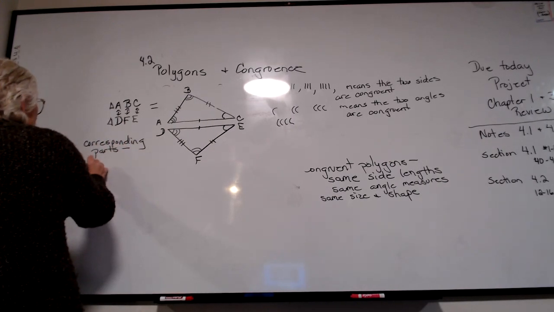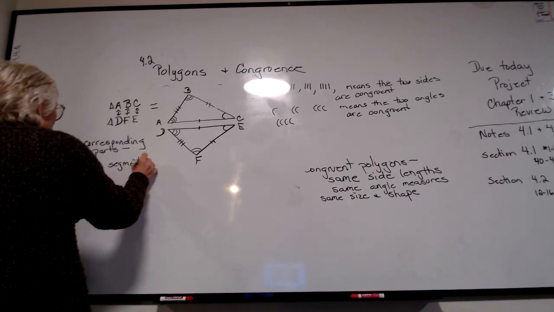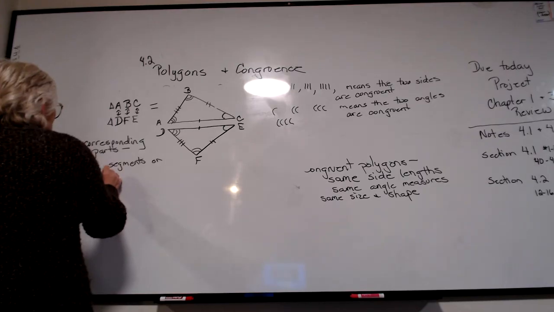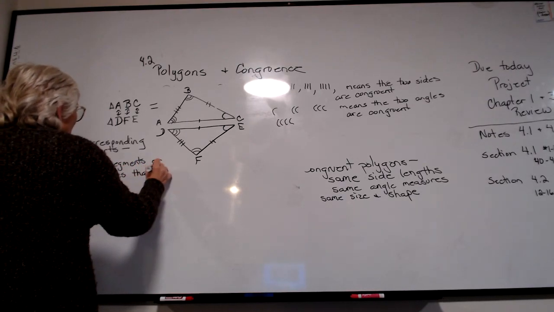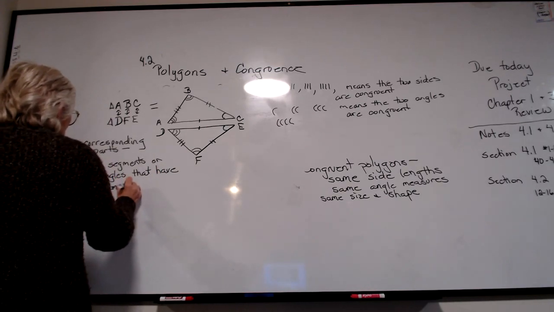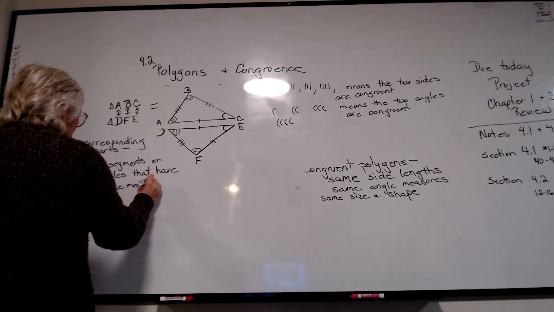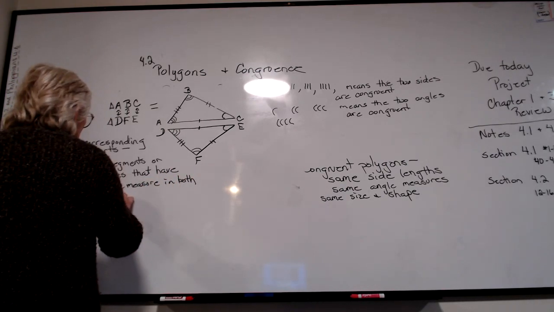So they are line segments or angles that have the same measure in both polygons.